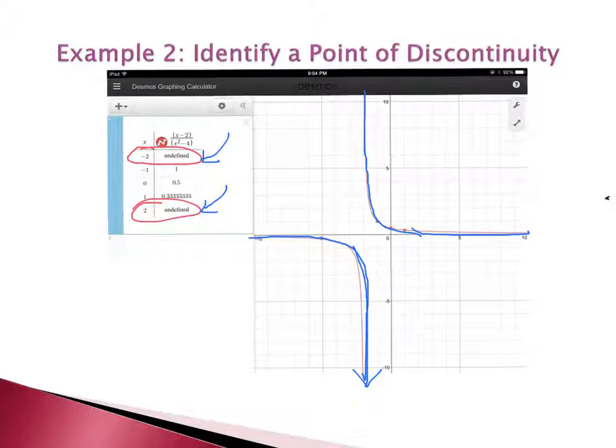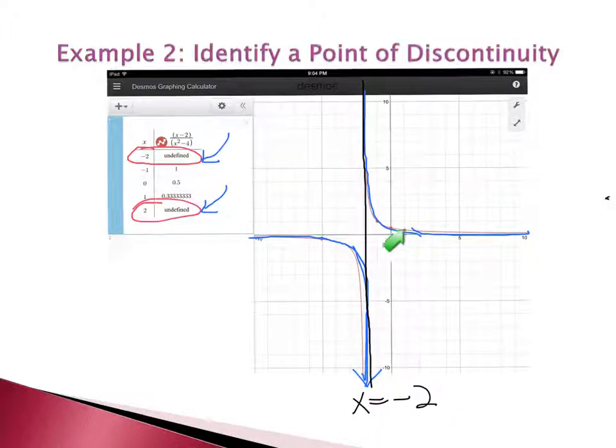And where I lift my pencil is at an x value of negative 2. So I'm going to say that negative 2 is an infinite discontinuity because as I approach negative 2 from the left, my y value is approaching negative infinity because the graph is pointed down.